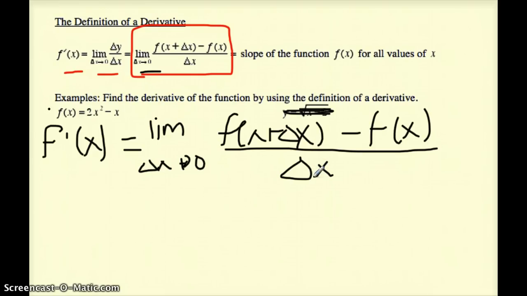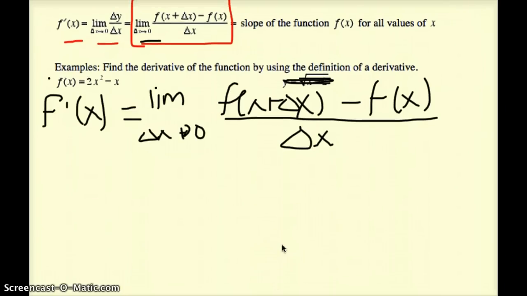Okay, so I'm going to move this down if you guys don't mind. I'm going to extend my page. So what I'm going to do then is plug things in. I'm going to plug this function of x plus delta x into this piece right here. So we're going to take this piece and start plugging in x plus delta x.